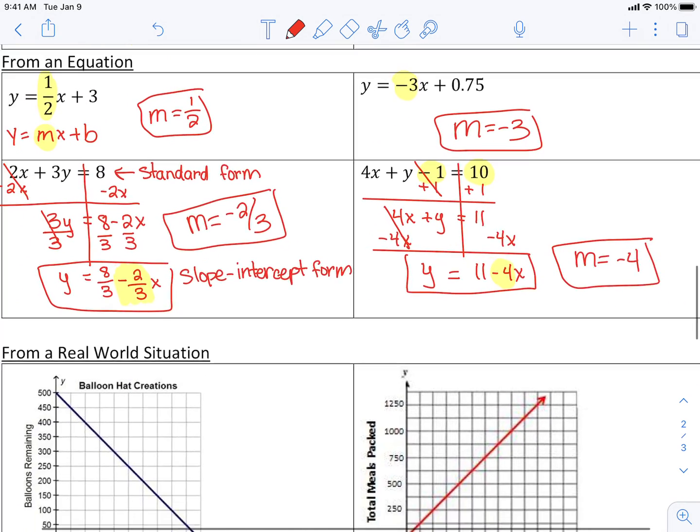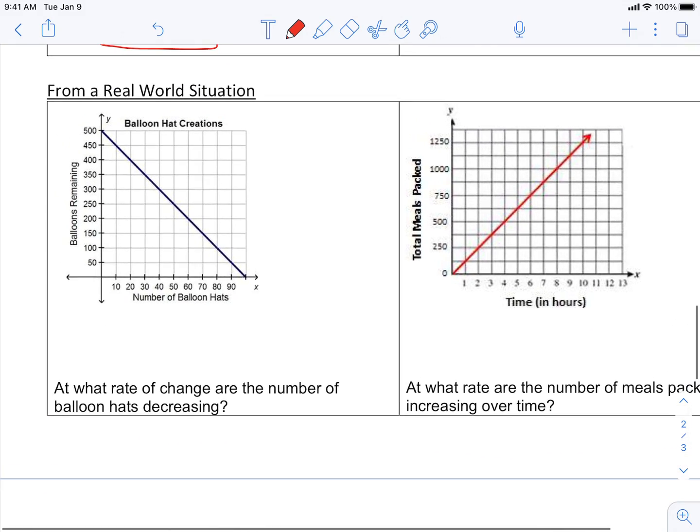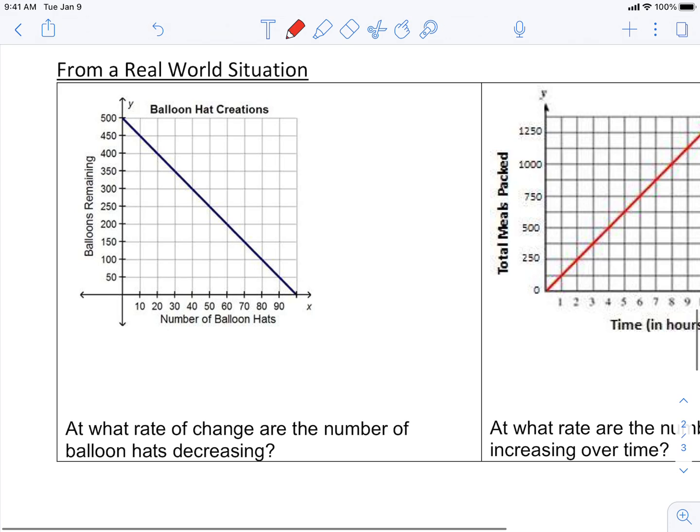Okay, now we have some real-world situations. So let's see what we have. It says, at what rate of change are the number of balloon hats decreasing? So we have the number of balloon hats and the remaining balloon hats.